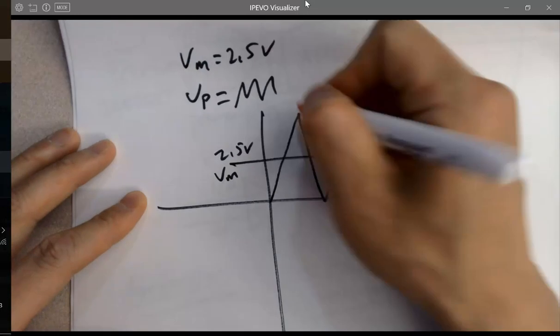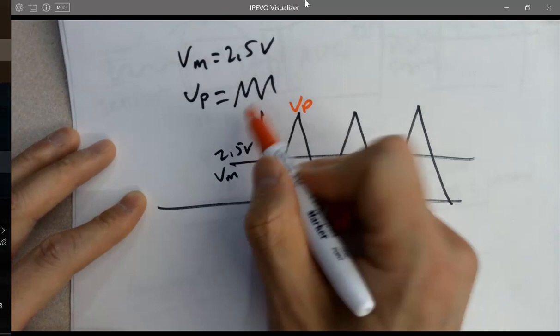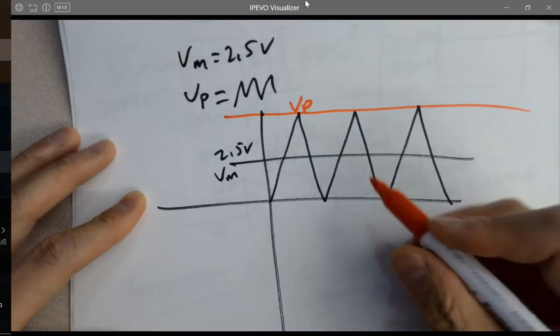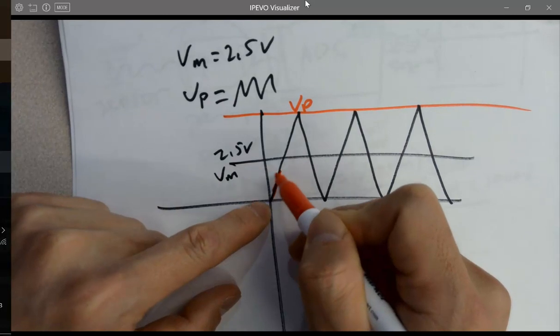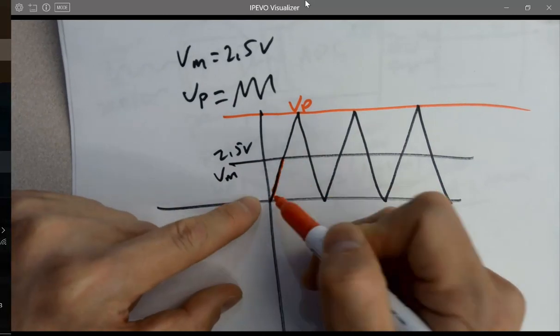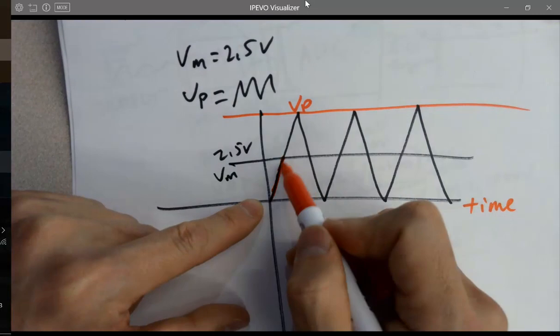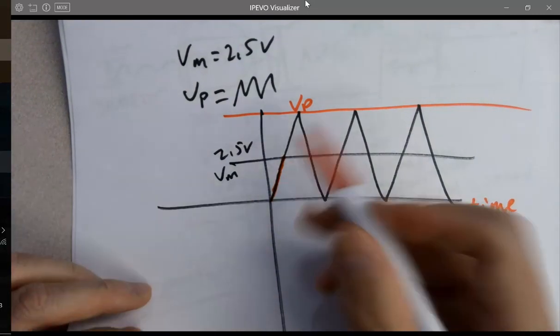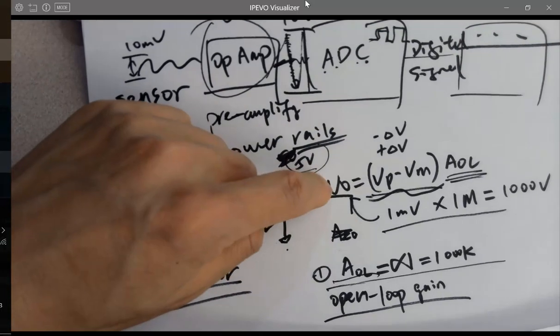So this is Vp, right? And this is 5 volts. When Vp is lower than Vm for this period of time, you are getting 0.